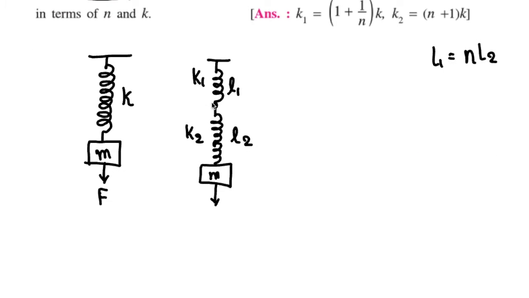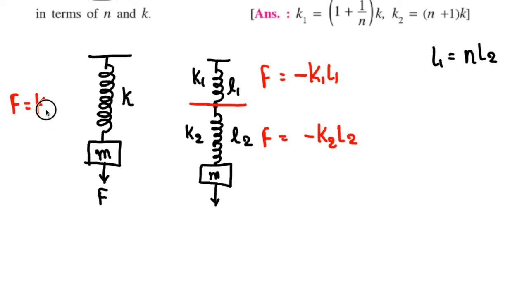For individual springs, for example for the upper spring, for the same force we have F equals minus K1 L1, and for this one we have F equals minus K2 L2. Here, for the same force and the same mass, the elongation is L1 plus L2.